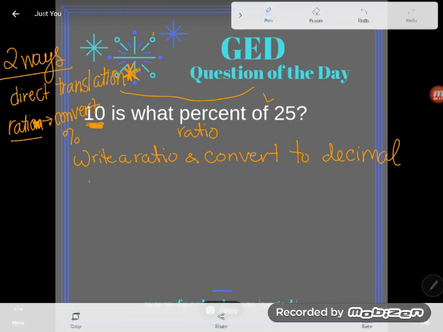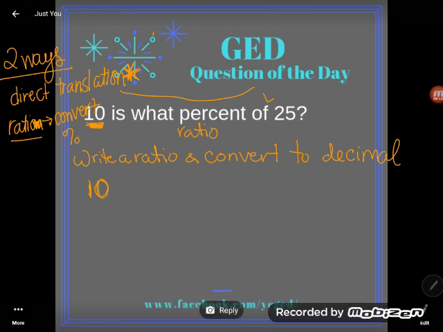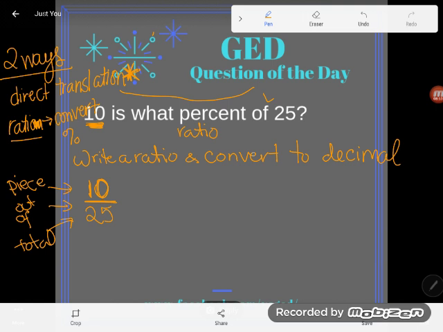I want to compare the number 10 to my total, 25. 10 out of 25. 10 is the piece or the part, as I call it. And 25 here is the total. If I ask 10 is what percent of 25, I'm asking you to look at the ratio 10 out of 25 and convert it into a percent.